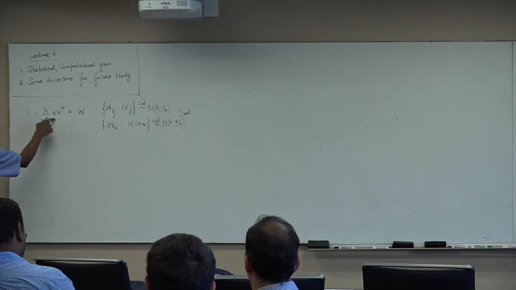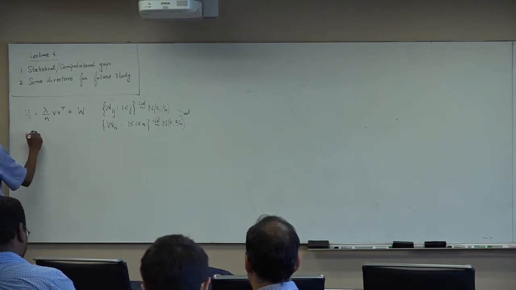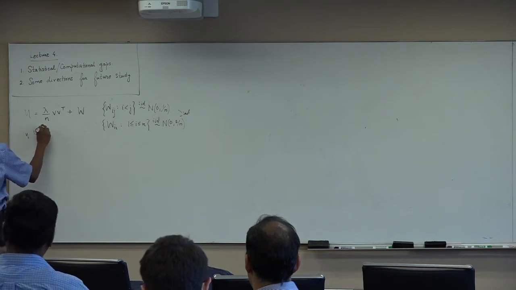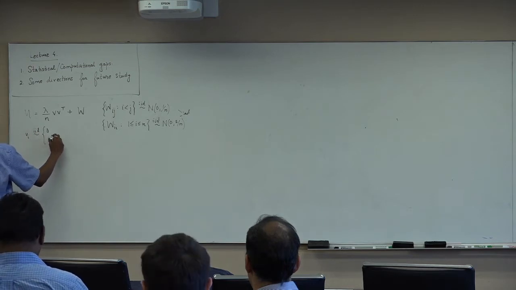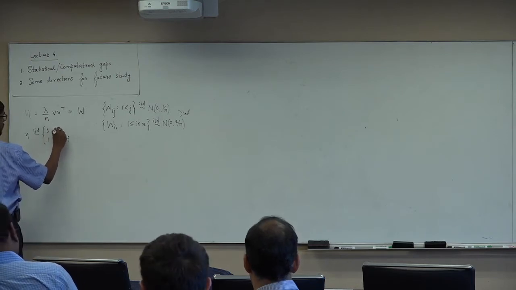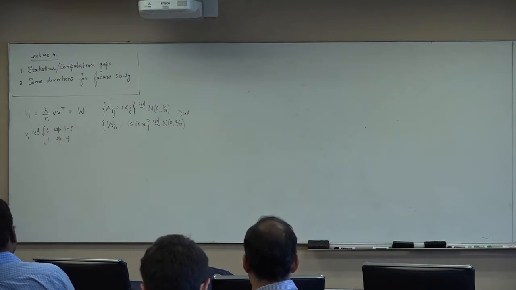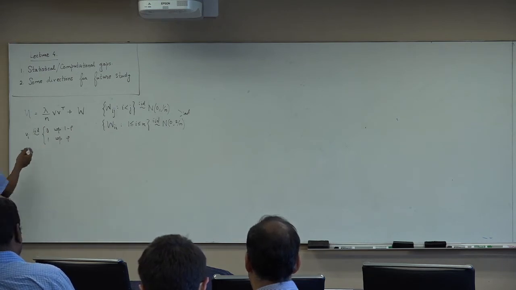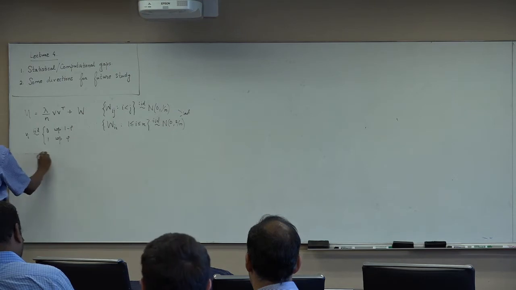So for the spike V, the entries will now be slightly different. The V_i's are IID either 0 or 1, with probability rho being 1 and probability 1 minus rho being 0. Roughly what this means is that you have some symmetric matrix that you observe.